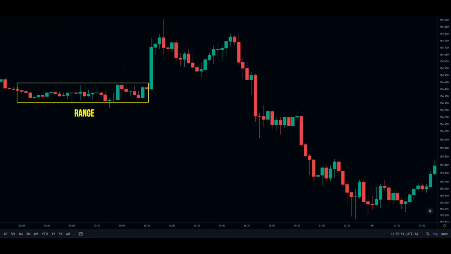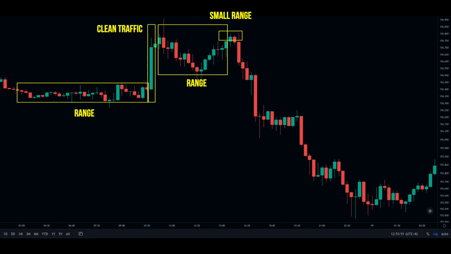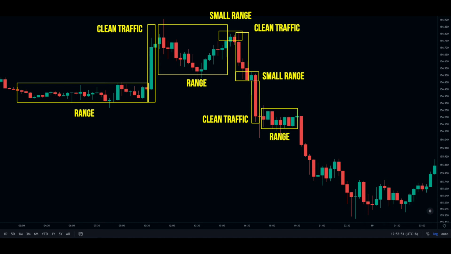Here's our range to the left, and then you can see the clean traffic or impulse formed to the upside. Price was choppy for a bit after that, but when volume came into the market after a small range, price made an impulse or clean traffic to the downside, formed a small range and more clean traffic to the downside, where it formed another range.